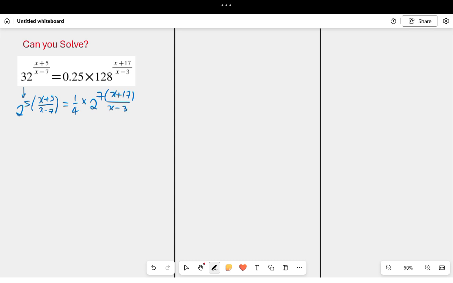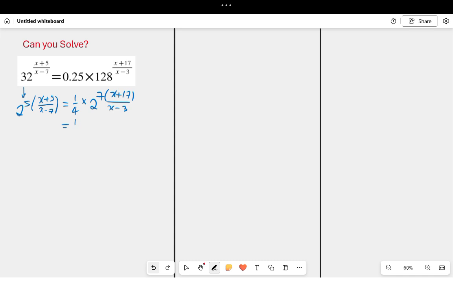Very important step. Now, a quarter can also be expressed as 1 over 4. Instead of 1 over 4, we can write it as 1 over 2 squared, which is also the same as 2 raised to power negative 2.